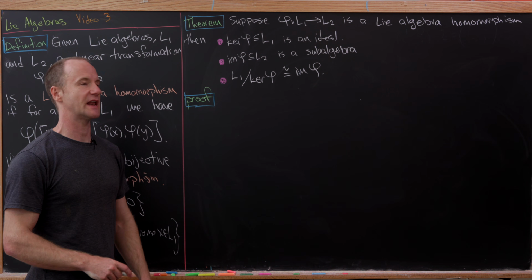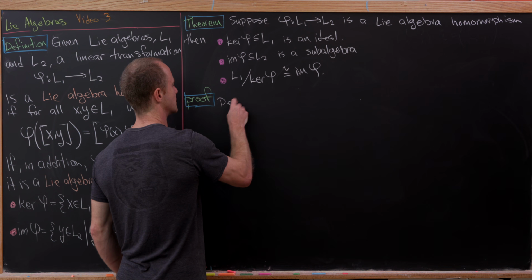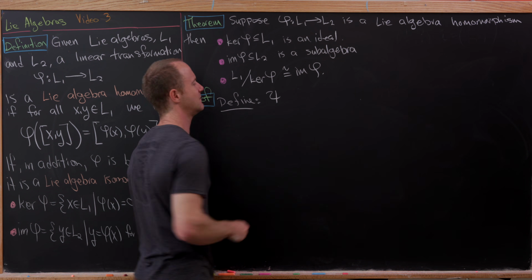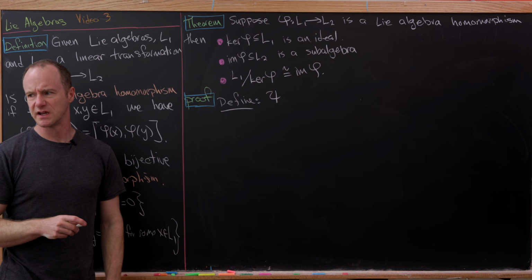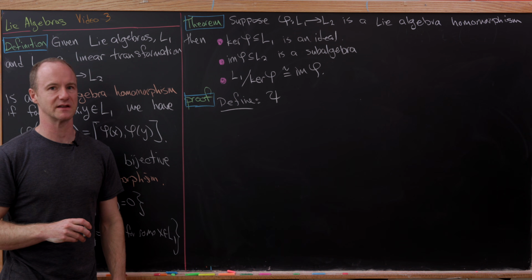Okay, so next we'll show that L1 mod the kernel is isomorphic to the image. We'll do that by defining an isomorphism. I guess there's a little bit more to this. You could say that there's a unique isomorphism, but we've left that little detail out.